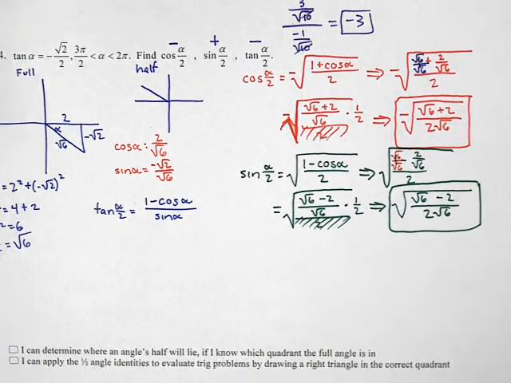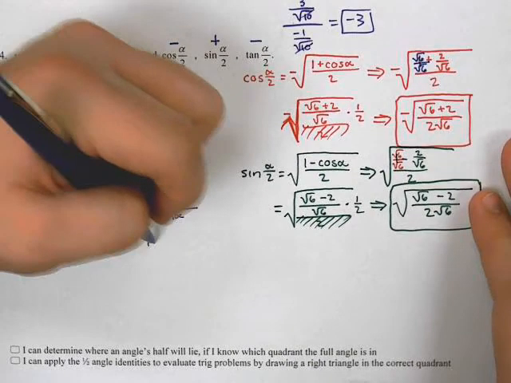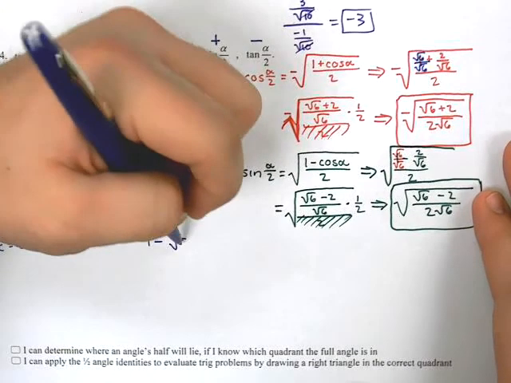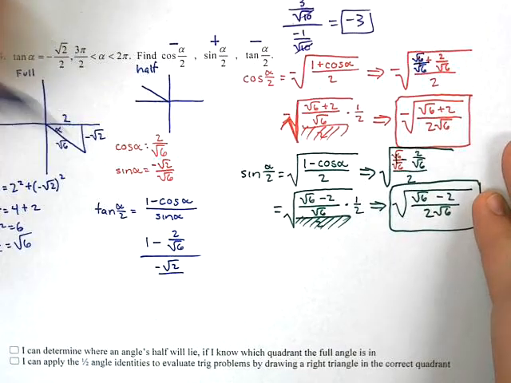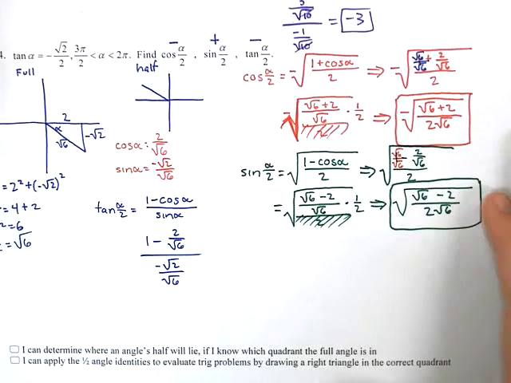All right? Okay, so now when we plug in here, I know that I have 1 minus 2 over root 6 all over negative root 2 over root 6.